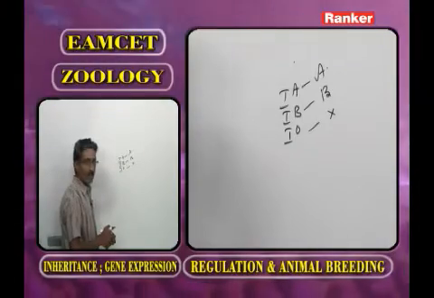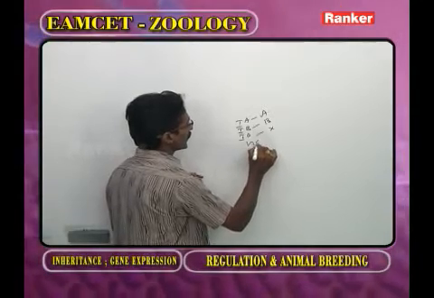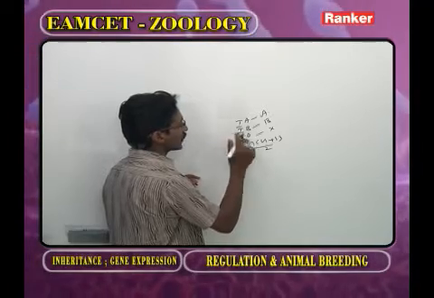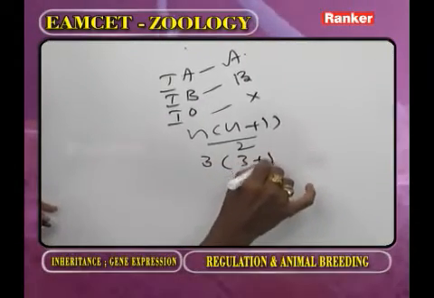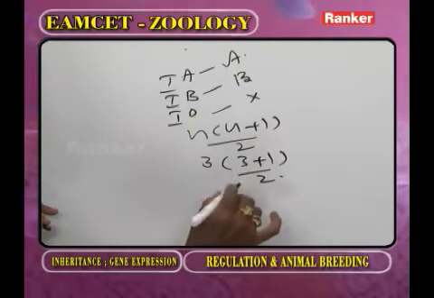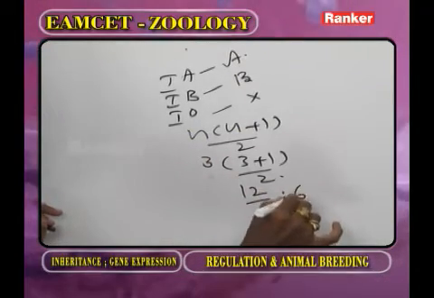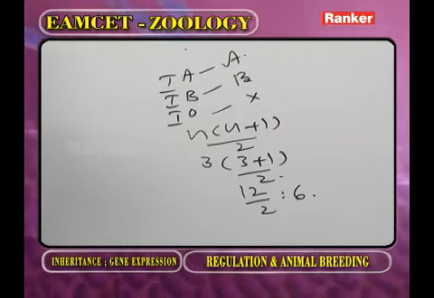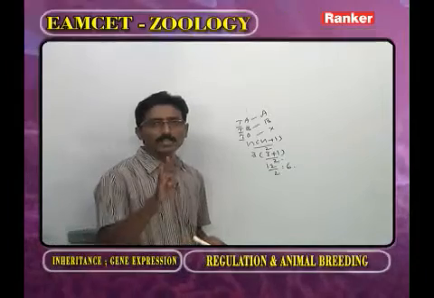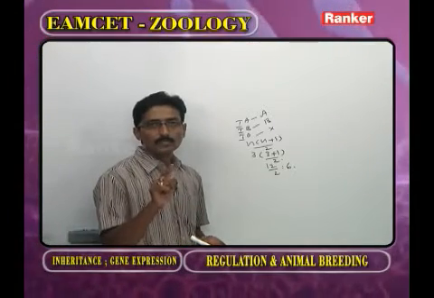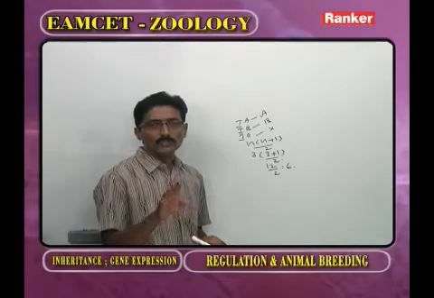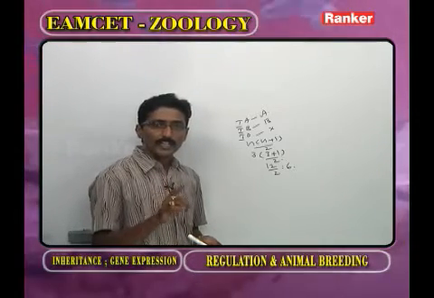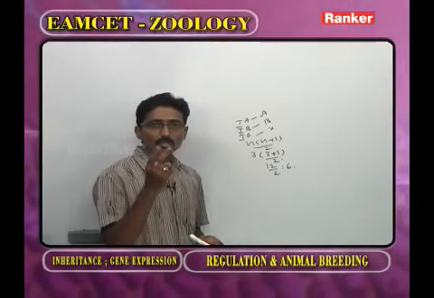In order to get the multiple alleles, we have a formula n(n+1)/2. Instead of n, we use 3: 3 into 4, 12 by 2. We are getting how many genotypes? 6 genotypes. Already we know very well how many blood groups phenotypically? 4: A, B, AB and O. Now the A blood group has IAIA and IAIO, 2 genotypes.